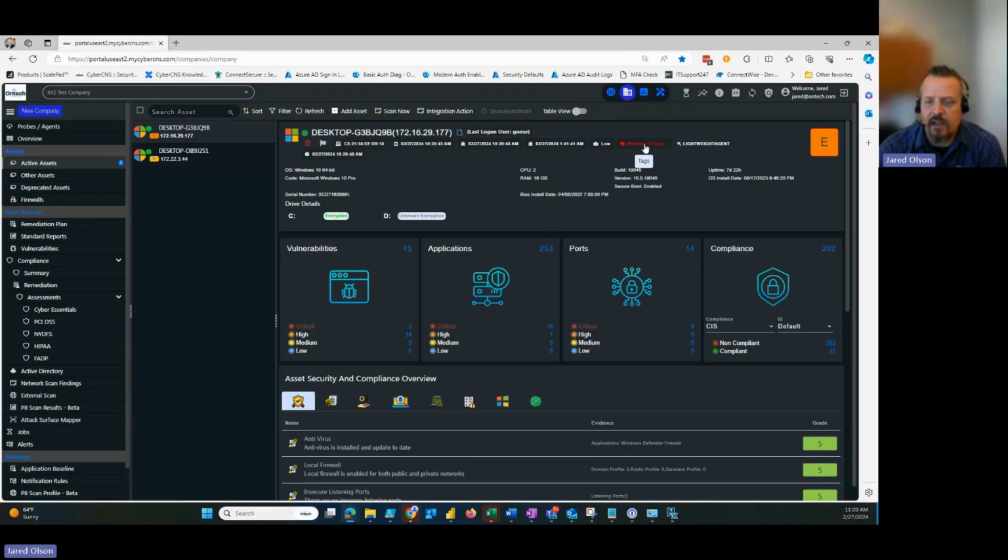You're also going to get some tagging, so you can tag, say, a different department within your network that you want to classify. Okay, I've got my accounting computers here, I've got my HR computers here, I've got my service computers here.